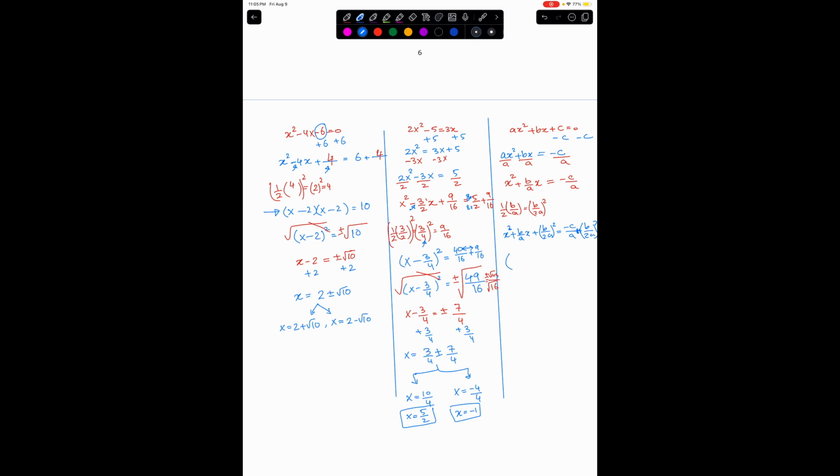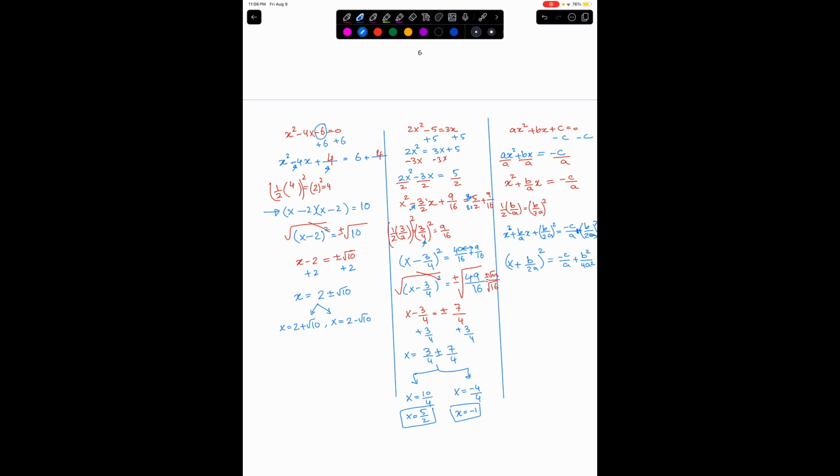The left-hand side is going to be x plus b over 2a all squared equals negative c over a plus b squared over 4a squared.